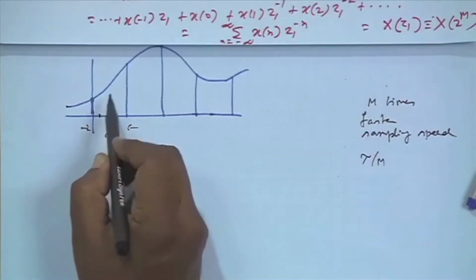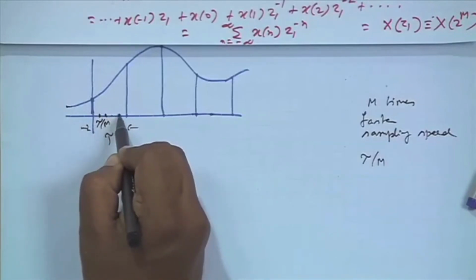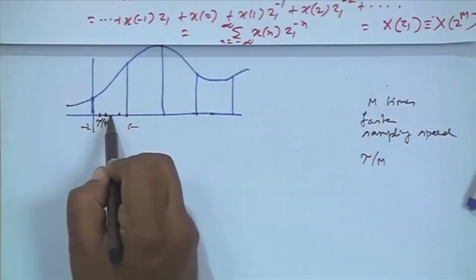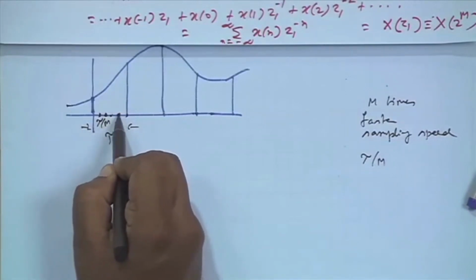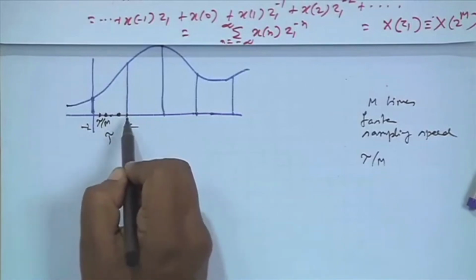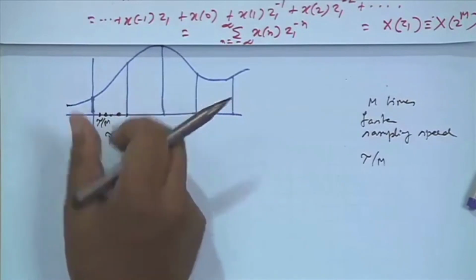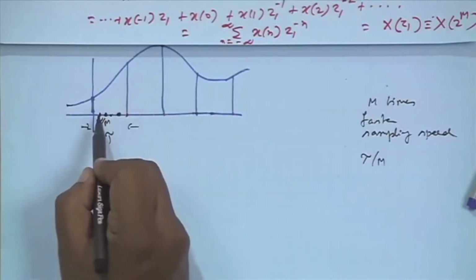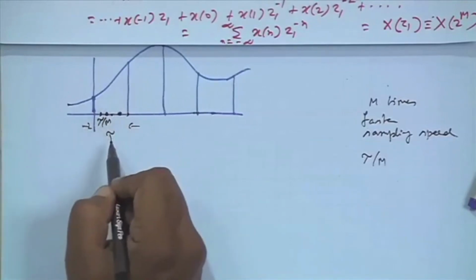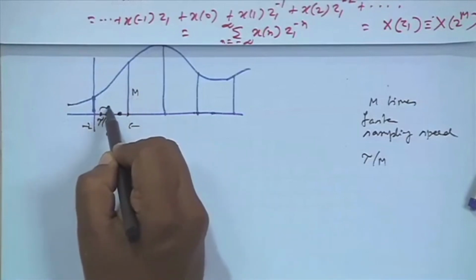So, this is tau by m, and then here like this, and this would have been 1 tau by m, 2 tau by m, 3 tau by m, up to the mth, because m into tau by m is tau. Since I know this point is tau, this will be the mth sample. So, how many tau by m will make it tau?